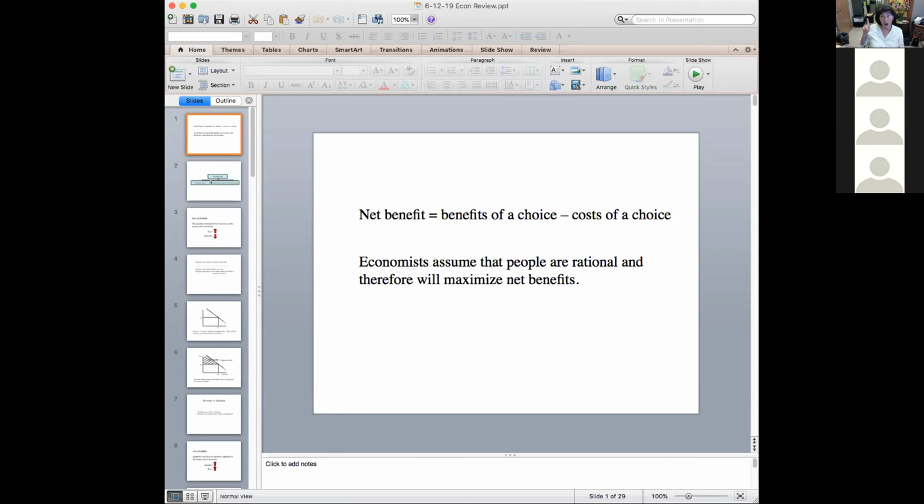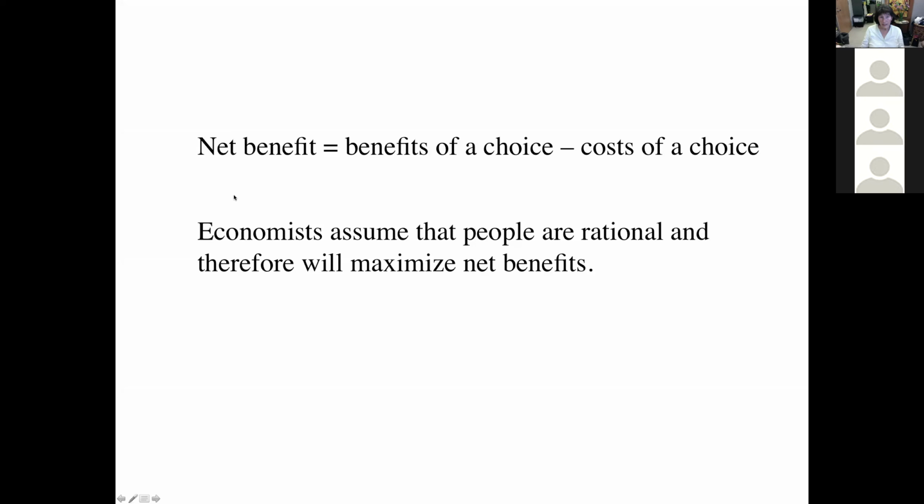An operating cost is a cost of actually implementing that project. So in fact, if you look at this slide here, you see the net benefit is the benefits of the choice. So if you buy a machine and it returns $30,000 in revenue and the costs of operating it are $10,000, the net benefit is $20,000.